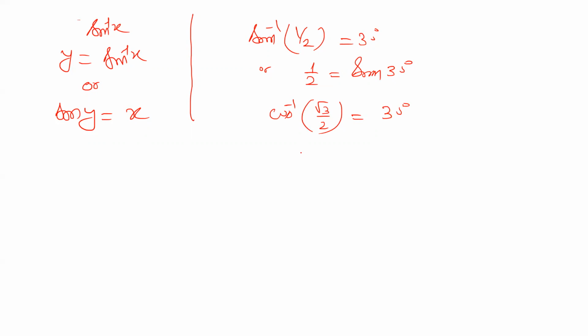You can also write root 3 by 2 equal to cos 30. What are we doing here? We have cos inverse on the left hand side. If you want to remove it, you take cos on the right hand side. Understood? Same thing I am applying here.